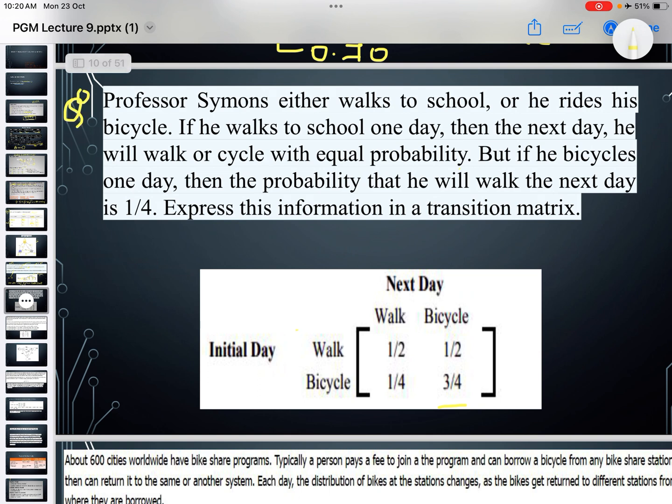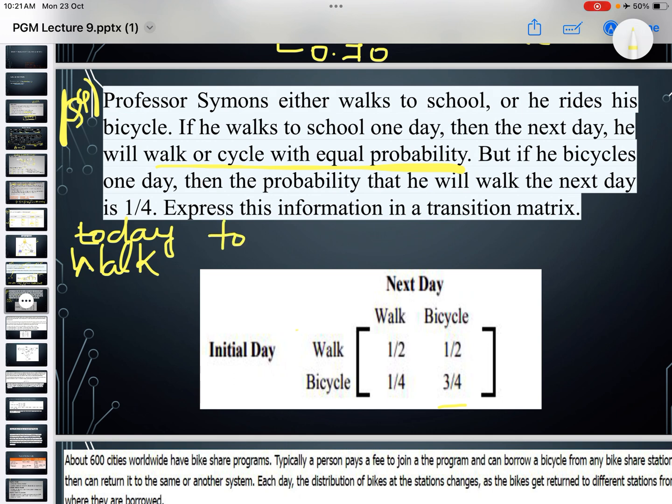Next is question number 4. Professor Simons either walks to the school or he rides his bicycle. If he walks to the school one day, then the next day he will walk or cycle with equal probability. So if today he is walking, then the next day, that is tomorrow, this is your today. Today you walk, tomorrow you can either walk or cycle.